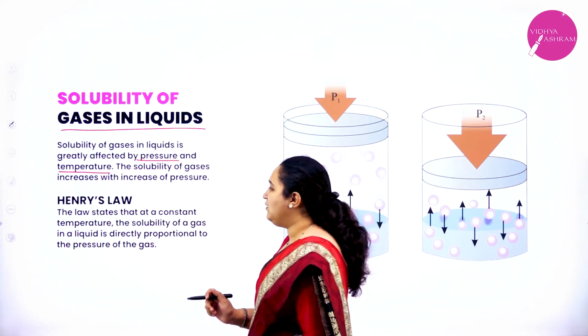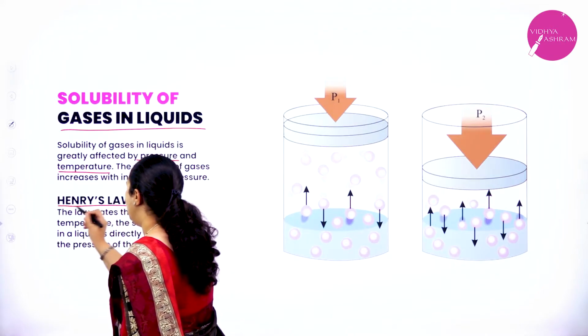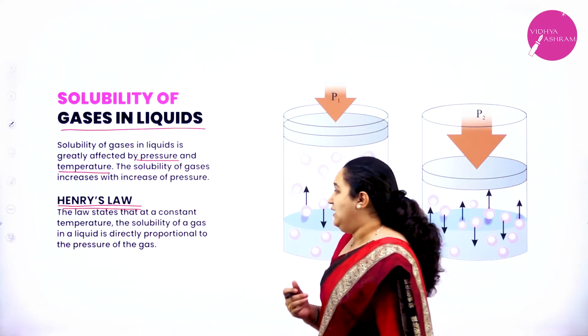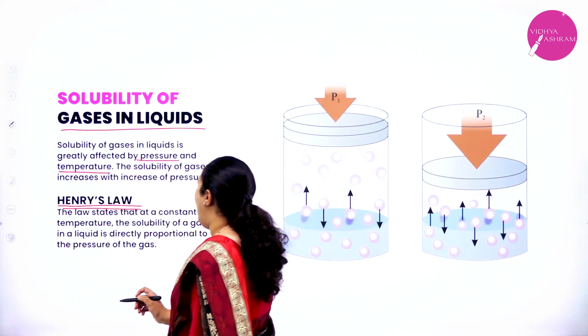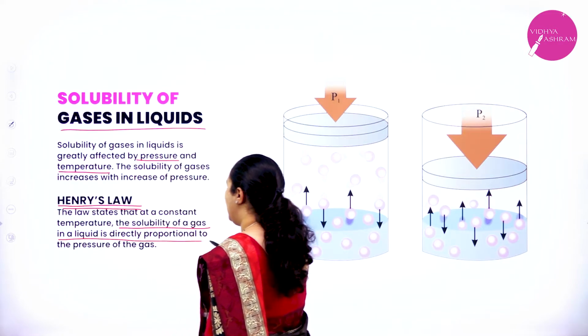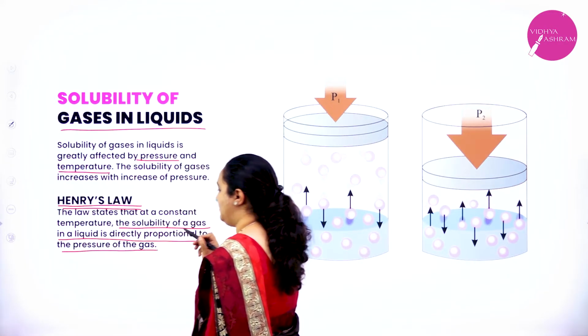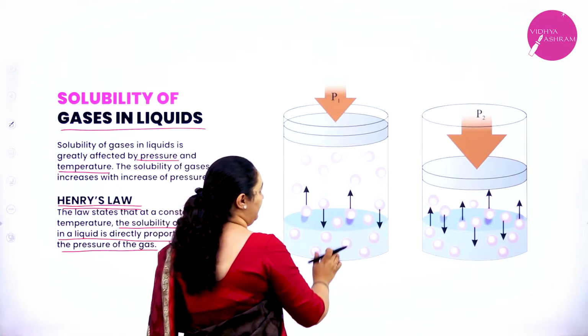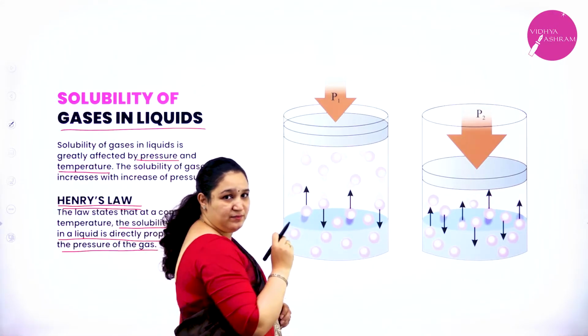Here we have something called Henry's law. What does this law tell? The law states that at constant temperature, the solubility of a gas in a liquid is directly proportional to the pressure of the gas. In this example, I have taken a solvent and a particular gas.